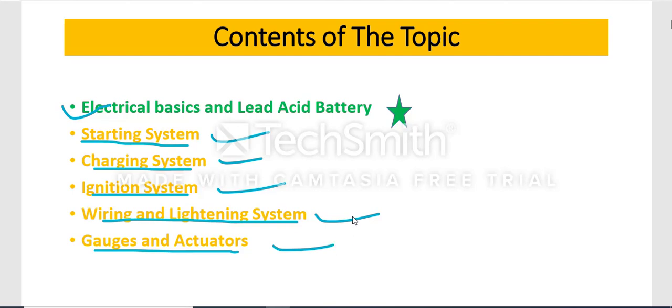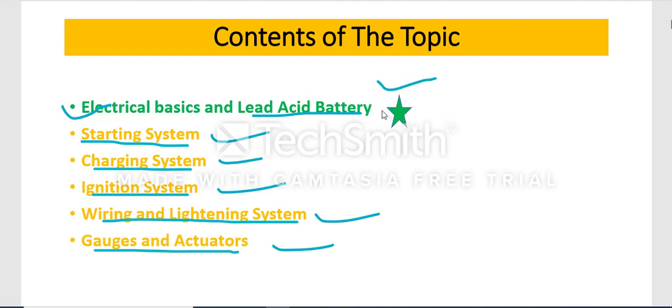So this is the syllabus for this topic, and in today's session we are going to see only the electrical basics. Some concepts are there we are going to study here, and after that we will see construction and working of lead acid battery. In that, how it works, what the components of the lead acid battery are, then maintenance of the lead acid battery.